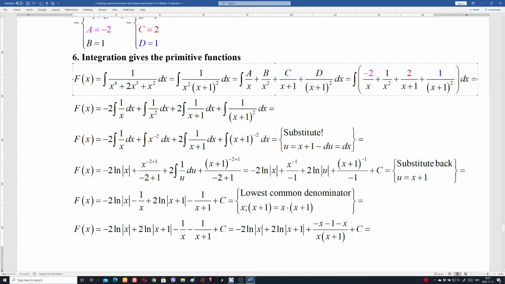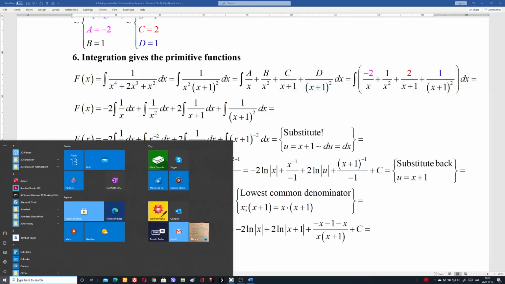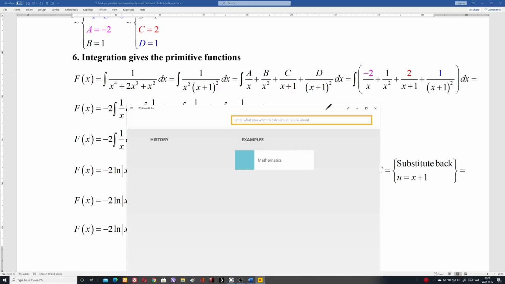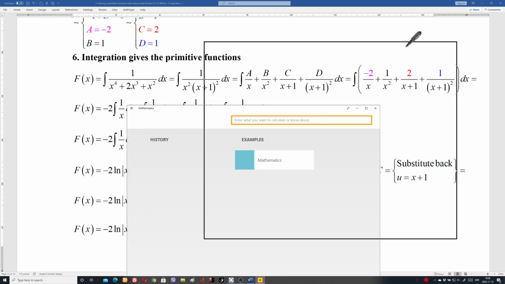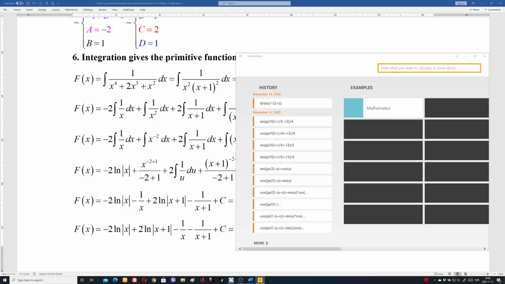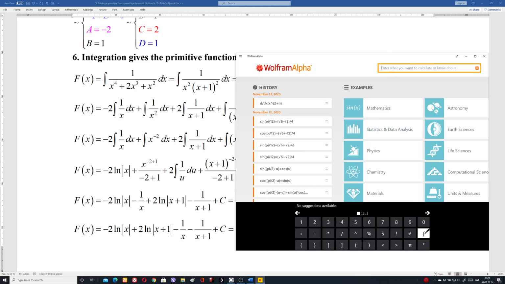Okay. So I will start my Wolfram. So I will put here an integral. I must wait a little bit because I have a slow computer. So just a moment, I'm waiting here. So now we have an integral.